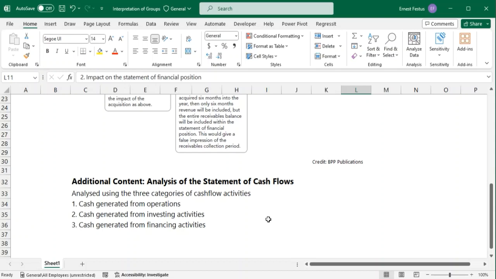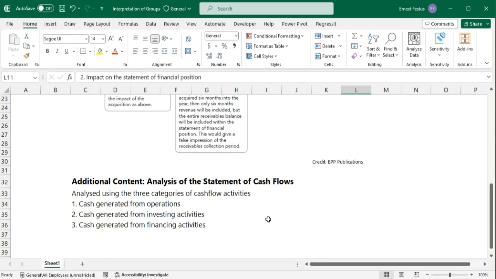So we analyze them based on the items that make up these activities. Cash generated from operations is basically made up of our net profit for the year. You add back non-cash items such as depreciation, share-based payments, and then you also add your changes in working capital and all that. Those are some of the items that you are going to analyze.